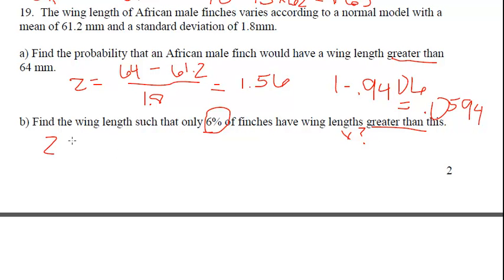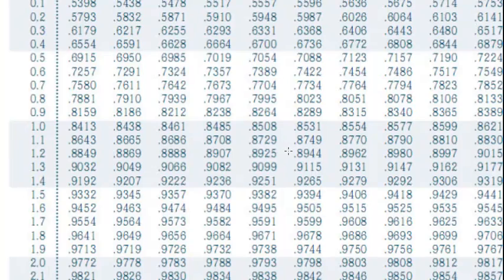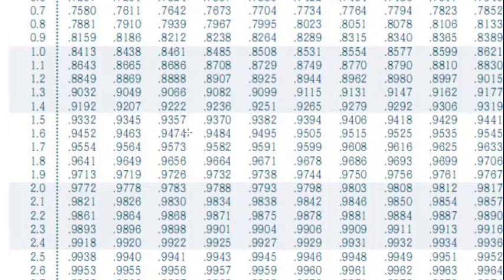What I want to do is first find a z-score for not 6%, but 94%, since that's the area to the left. So I go to my z-score table, and I look inside the table for 94%, or 0.94, and I get whatever's closest.